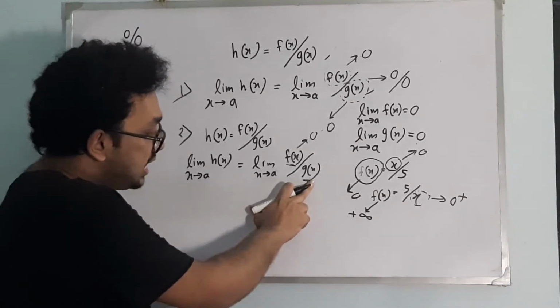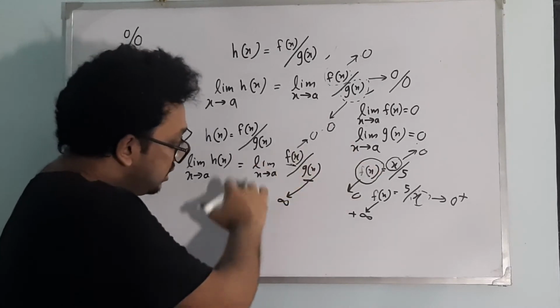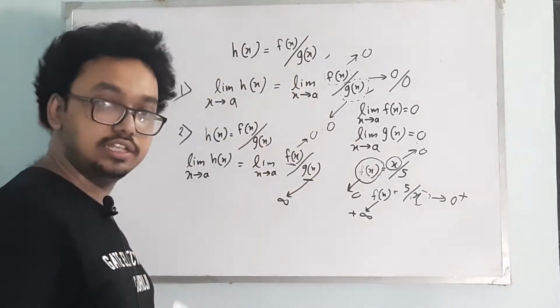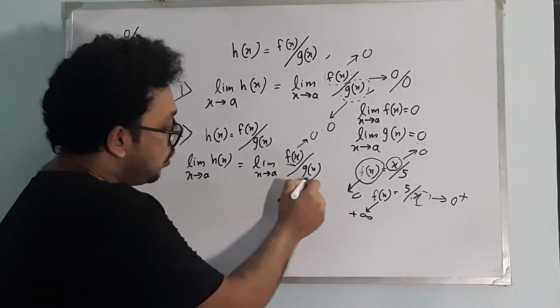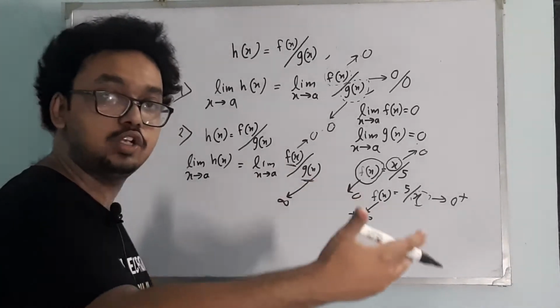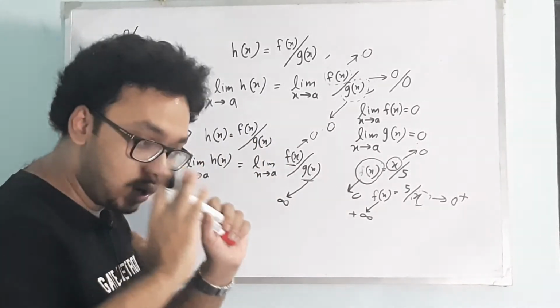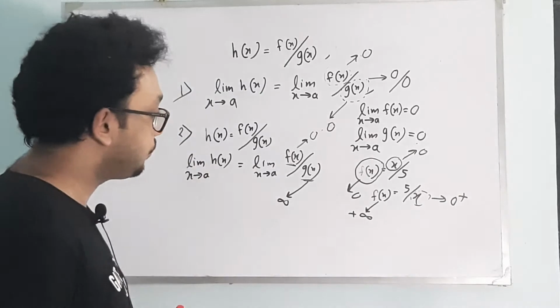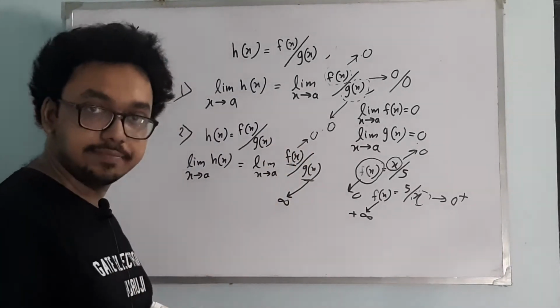If the denominator g(x) goes to 0 at a greater rate, then this will try to take the whole fraction towards infinity, and the denominator will predominate. If the numerator f(x) and the denominator g(x) tend towards 0 at the same rate, then the value will be some constant.